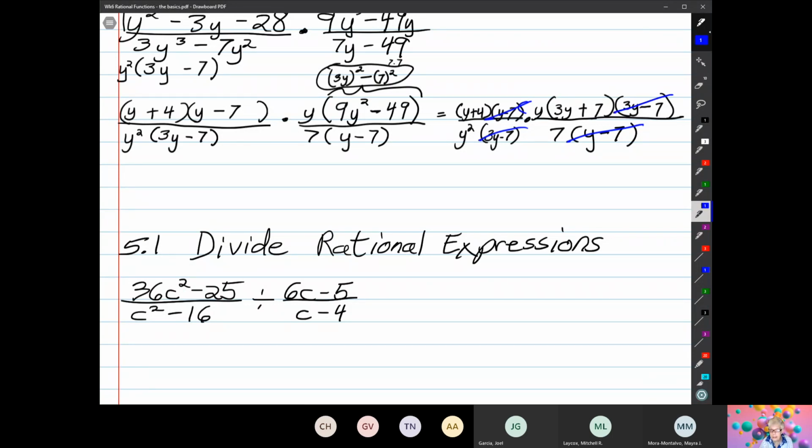And not only that, see that y, that poor lonely y right there? Y squared, I'm going to rewrite y squared as y times y. That way, it's easier for me to cancel this y and that y.